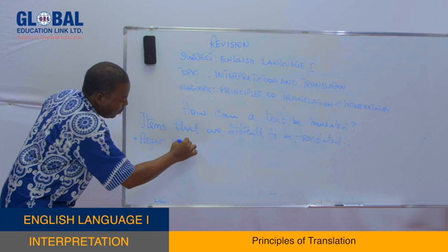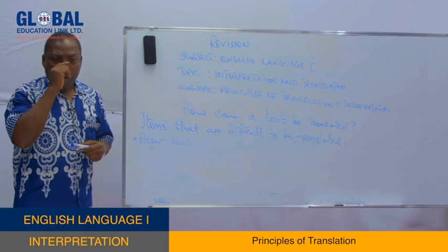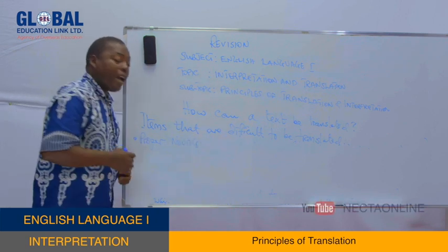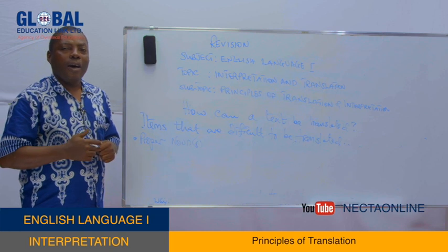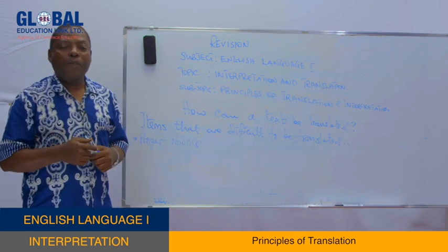The first one is proper nouns. With proper nouns, we are referring to words which name specific things or specific objects.